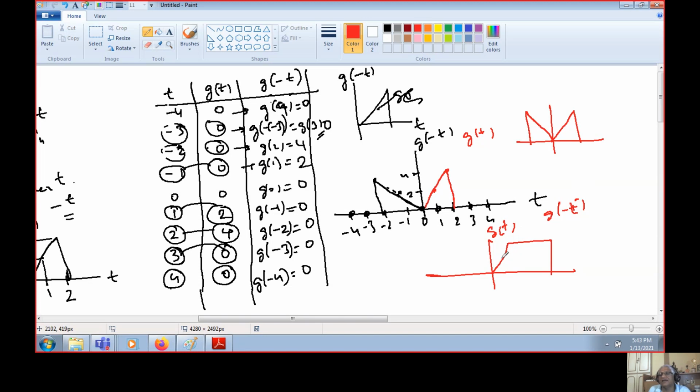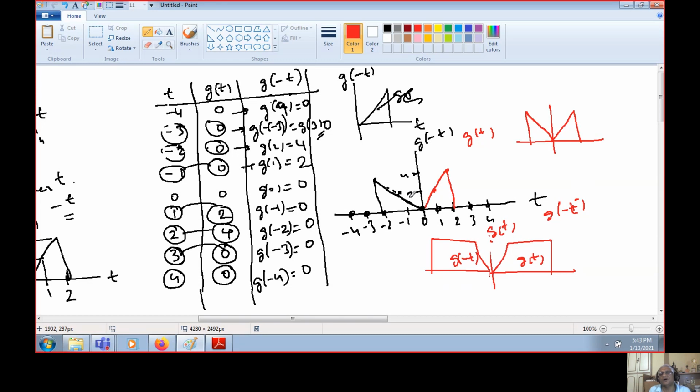You will simply say, if g of t is like this, g of minus t will be the mirror image of this g of t. You will copy and paste it by flipping it horizontally, bringing it here and putting it in the right place. So if this is g of t, then this becomes g of minus t.